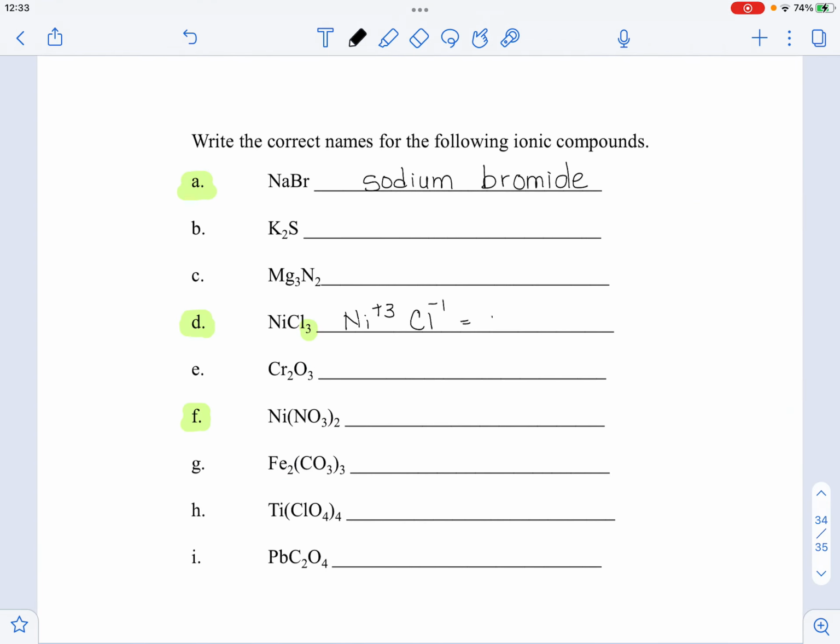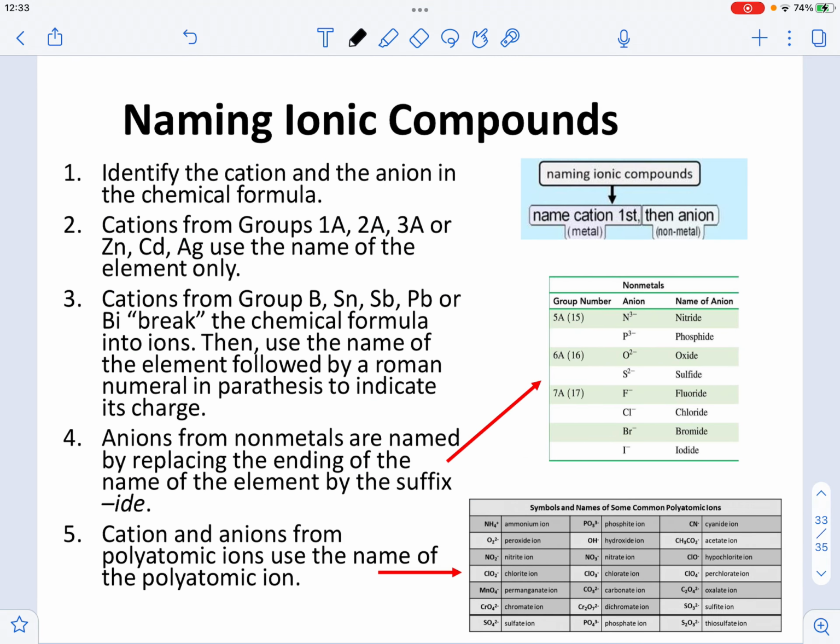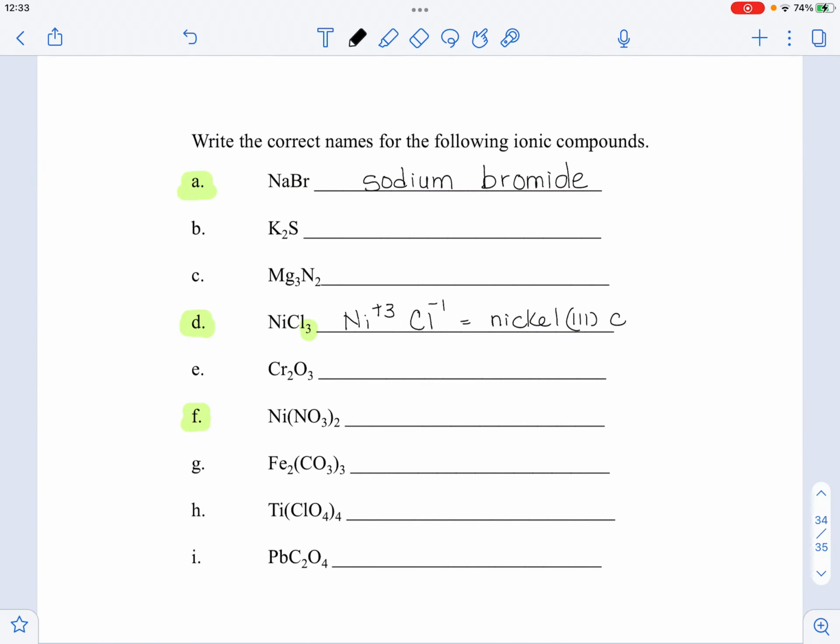So I'm going to say nickel, the charge is 3. And how do I get the name for the Cl minus? That's rule number 4. I look for Cl minus, and that is called chloride. So the name of this compound is nickel(III) chloride.